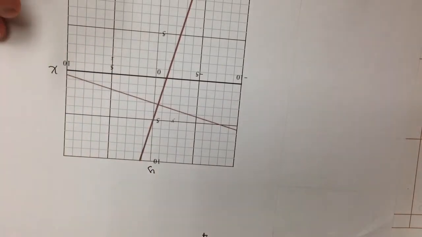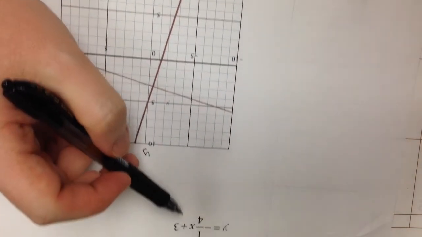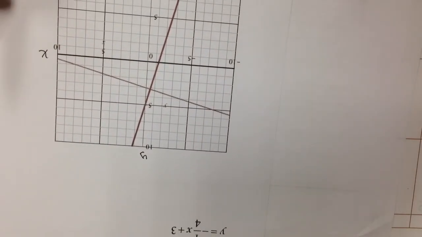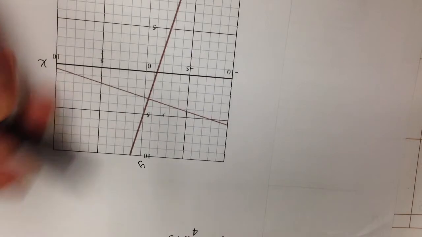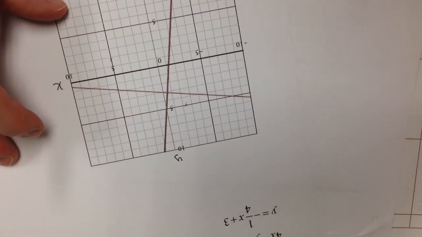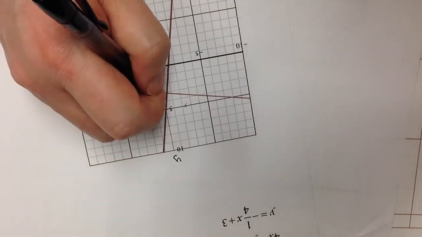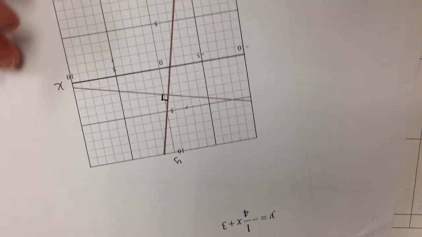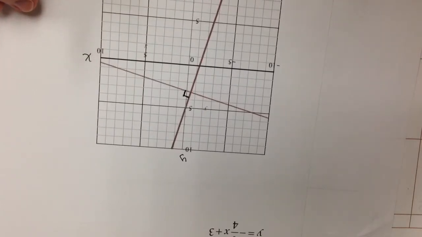And as for the perpendicular line, y is equal to negative 1/4 x plus 3, this will intersect our original line at a 90-degree angle. So you have essentially almost like a plus sign, and those two lines will meet at right angles. And once again, in this particular situation, those lines run perpendicular to each other.